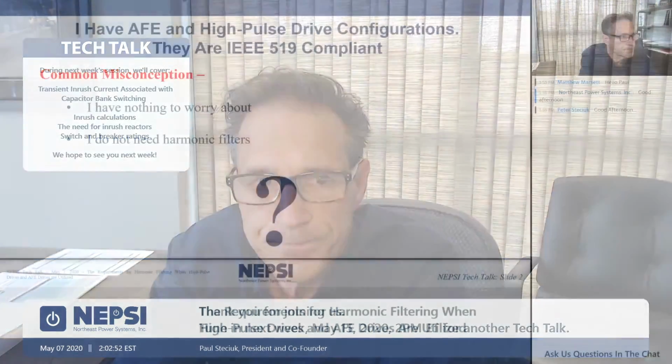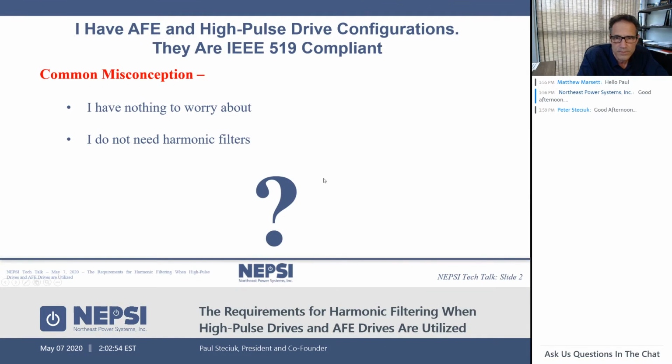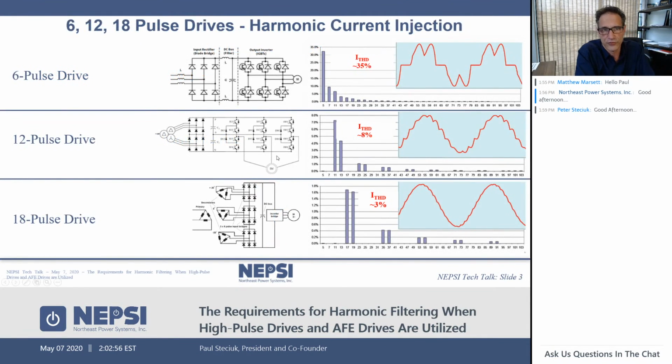So first, some information about drives. This presentation is about 6, 12, and 18 pulse drives. High pulse drives are normally considered 12 and 18 pulse, and the lower pulse drive, 6 pulse, would be considered a low pulse drive. When we talk about pulses, we're talking about the number of diodes on the front end of the rectifier.